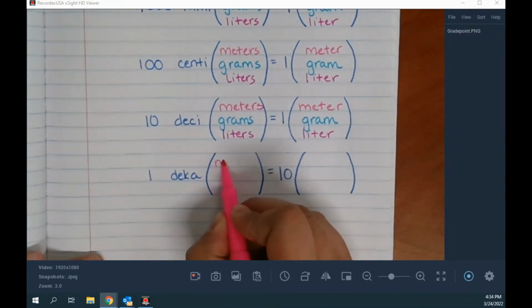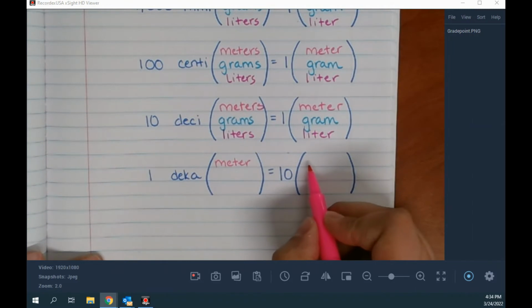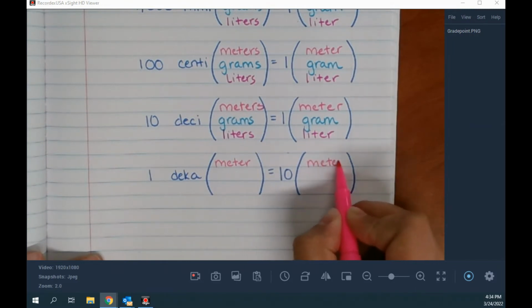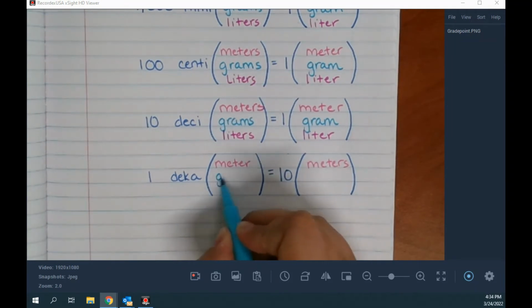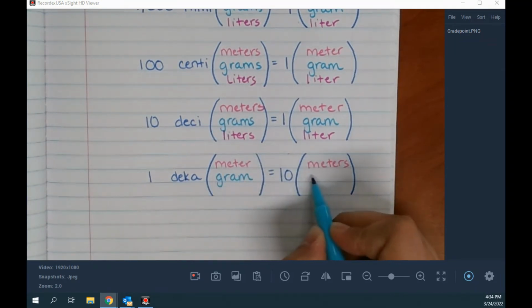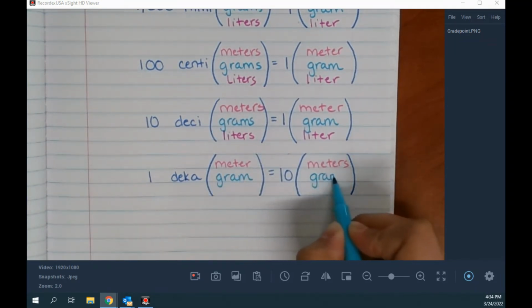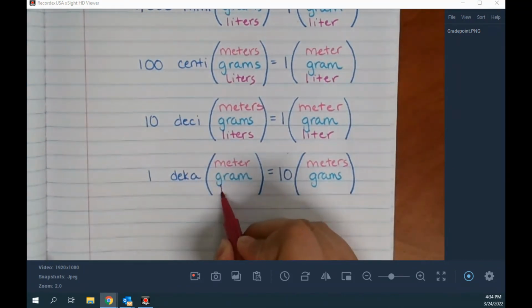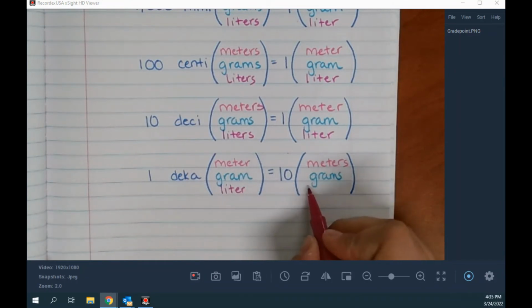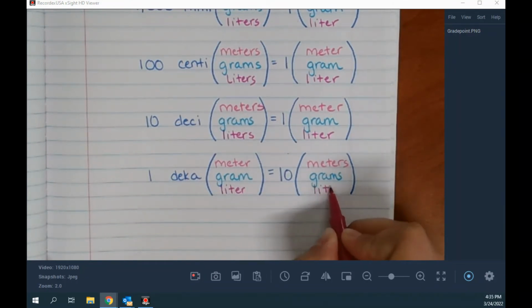So 1 decameter equals 10 meters. 1 decagram equals 10 grams. And finally, 1 decaliter equals 10 liters.